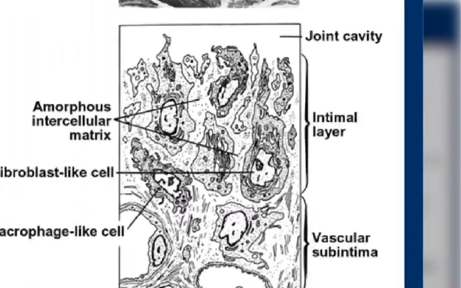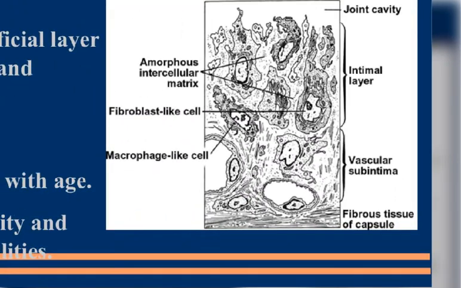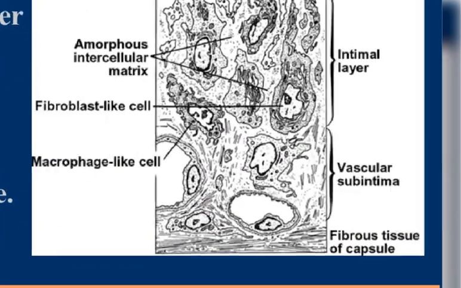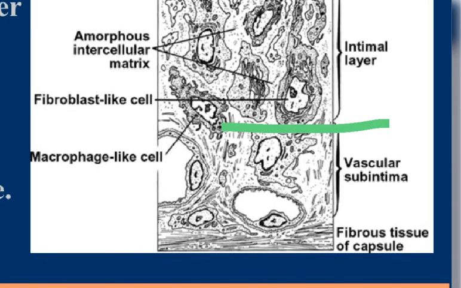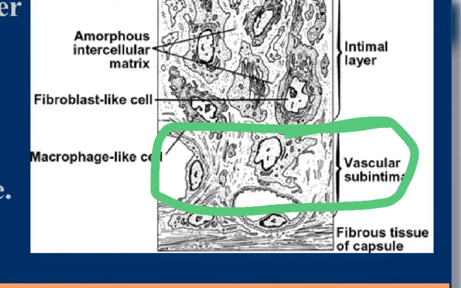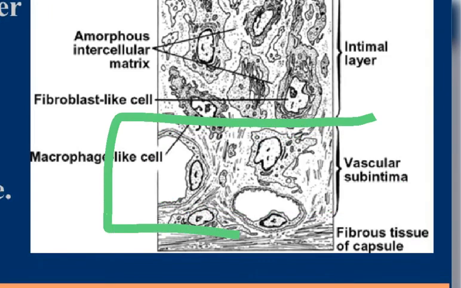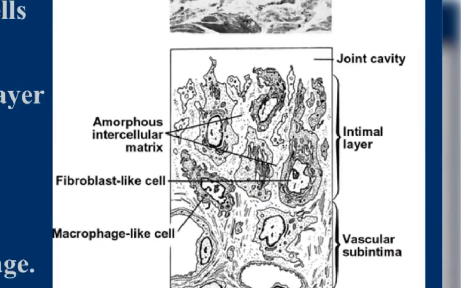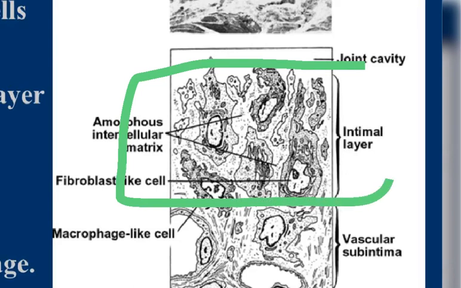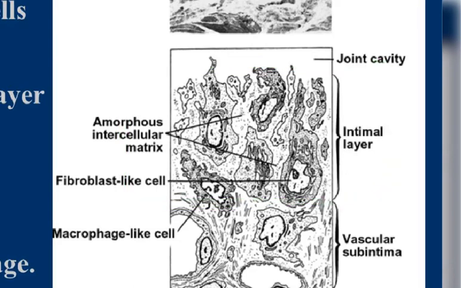If we go to this more magnified, you see here is the vascular layer, or you can call it vascular subintima. And then we have the superficial layer, which is the intimal layer.